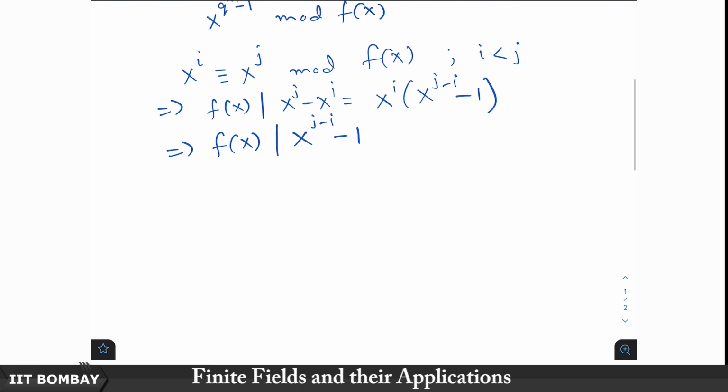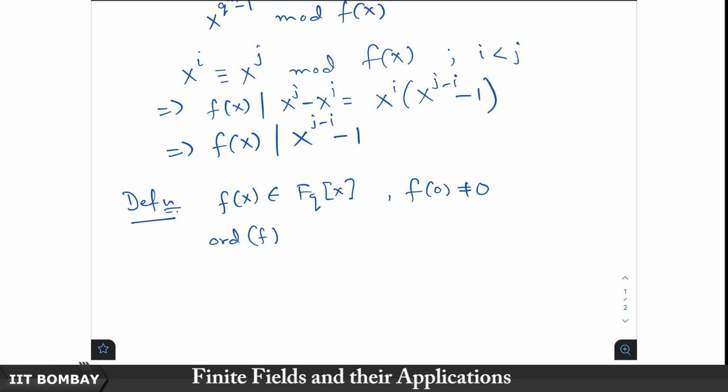Definition: if we take f(x) such that f of 0 is not equal to 0, then the order of f, also called the exponent of f, and sometimes the period of f, is the smallest e such that f(x) divides x power e minus 1.